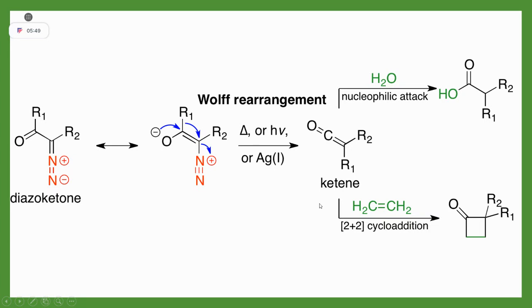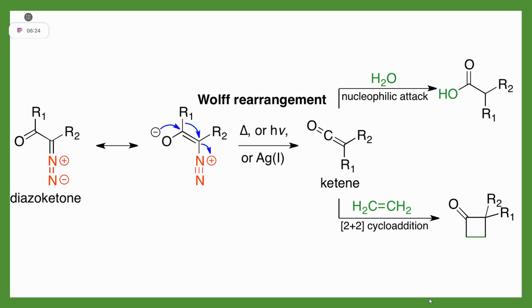Now, since we have a ketene, it can react in two ways. One is our traditional H2O attack, right? It will attack here and will form an acid. Another instance in which we use this Wolff rearrangement is in 2 plus 2 cycloaddition. Since it is a ketene, it will undergo 2 plus 2 cycloaddition, for example with olefins such as ethylene, and it will result in the formation of a cyclobutanone. I hope you are clear.